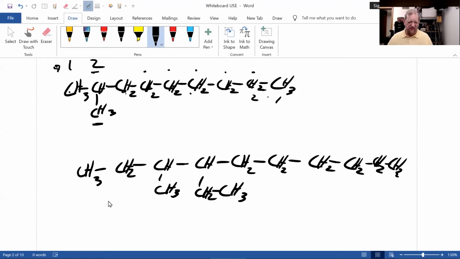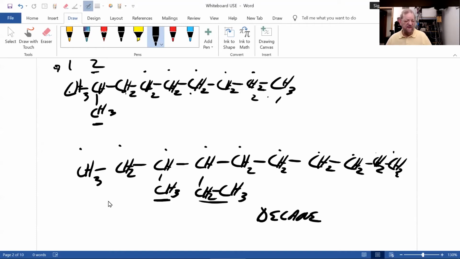Let's look at this. How many carbons long chain? 1, 2, 3, 4, 5, 6, 7, 8, 9, 10. That would be decane. Next, we have a methyl group and an ethyl group.